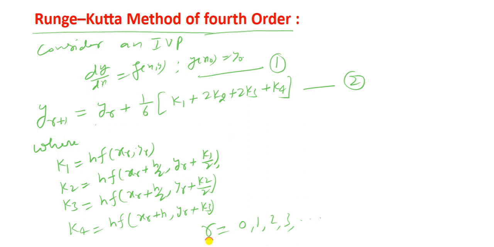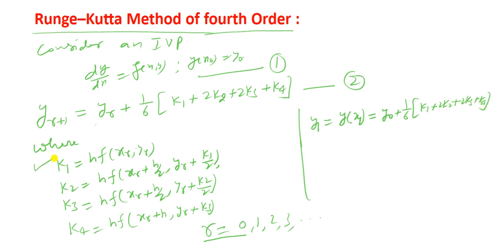That is, if we put r is equal to 0, then we obtain y1. y1 means the approximate value of y at x is equal to x1, and this is equal to y0 plus 1 upon 6 of (k1 plus 2 k2 plus 2 k3 plus k4), where, putting r is equal to 0, k1 is equal to h times of f(x0, y0), k2 is equal to h times of f(x0 plus h by 2, y0 plus k1 by 2), k3 is equal to h f(x0 plus h upon 2, y0 plus k2 upon 2), k4 is equal to h f(x0 plus h, y0 plus k3).